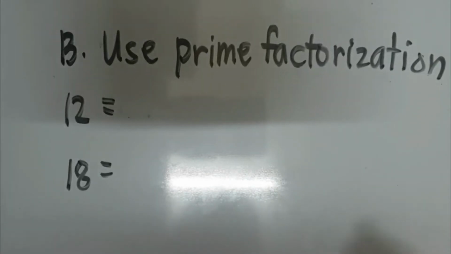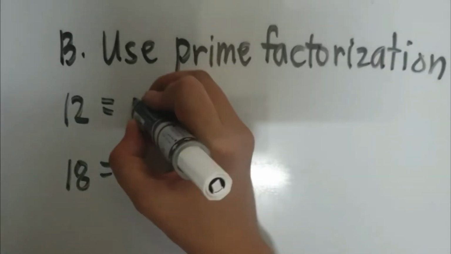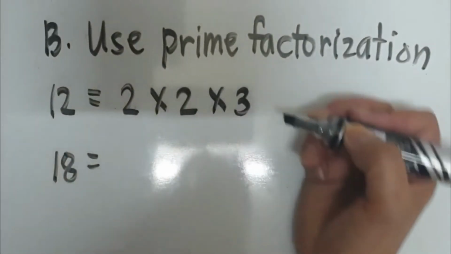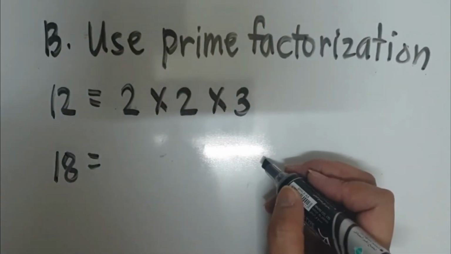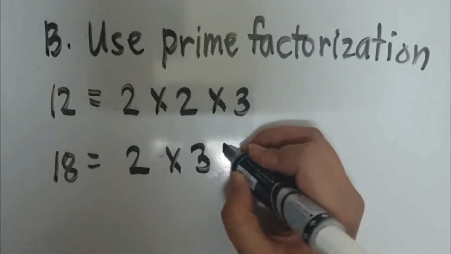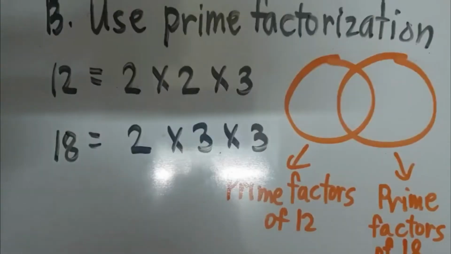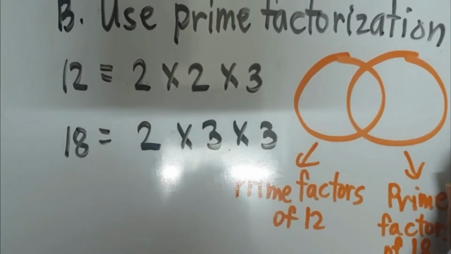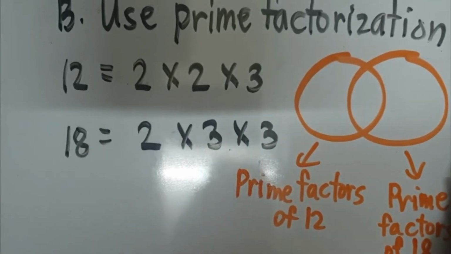So the prime factorization of 12 is 2 times 2 times 3, while the prime factorization of 18 is 2 times 3 times 3. So we have here a Venn diagram where we will write the prime factors of 12 and 18.